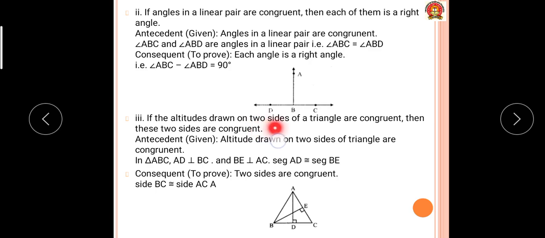The altitudes drawn on two sides are congruent, means AD is equal to BE. Then the consequent: the two sides are congruent. We have to prove that BC is equal to AC. No need to write the proof. We just have to write the antecedent, consequent and draw the diagram according to the given statement.